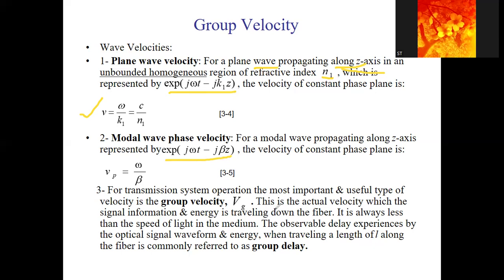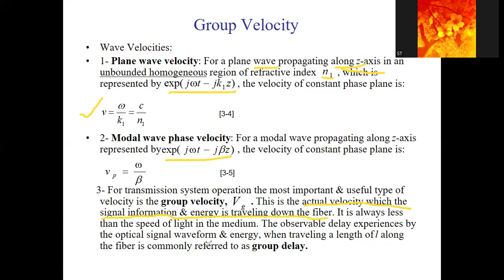Now the next one is the group velocity. So what is the group velocity? Group velocity is the speed at which energy in a particular mode travels along the fiber. Basically, this is the actual velocity with which the signal information or optical signal travels down the fiber.